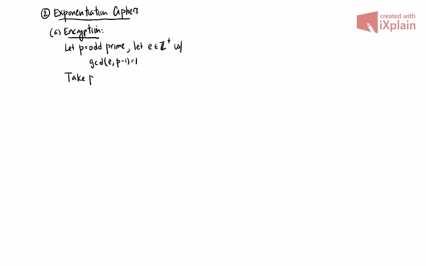So we take the plain text and group the letters, as I wrote it in the notes. I'm going to group it so that the value of no group could possibly be greater than or equal to P.